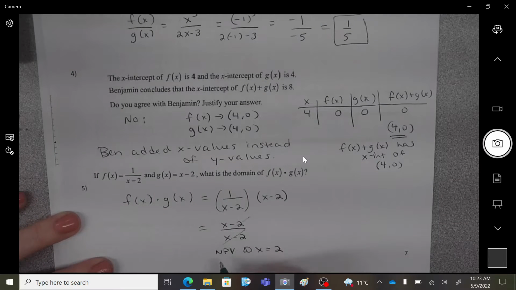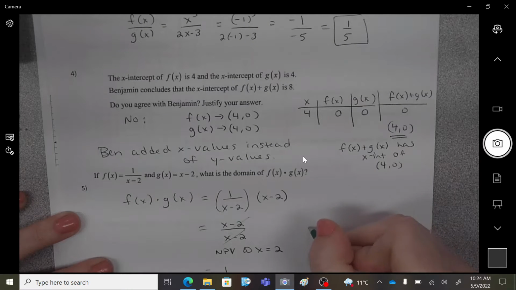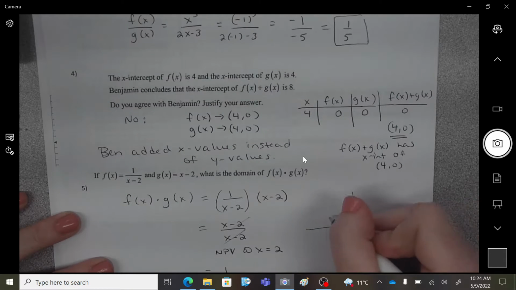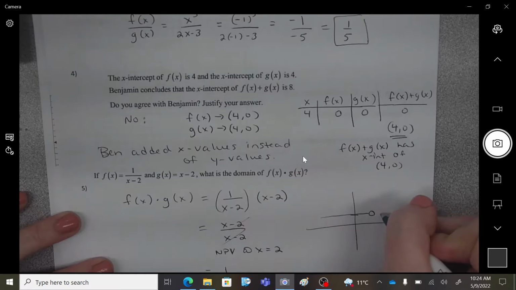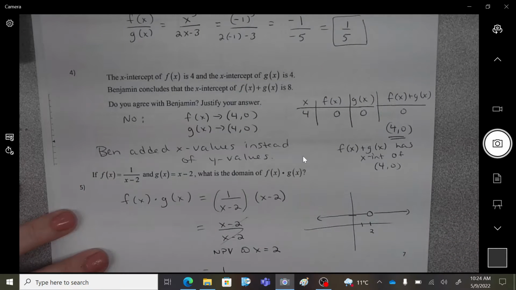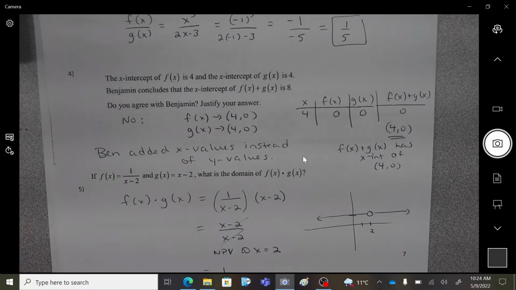And then we cancel, and the function would be just 1. So thinking about this graphically, I would have a function y equals 1. And then there would be a hole there because that canceled. So this would be my graph.